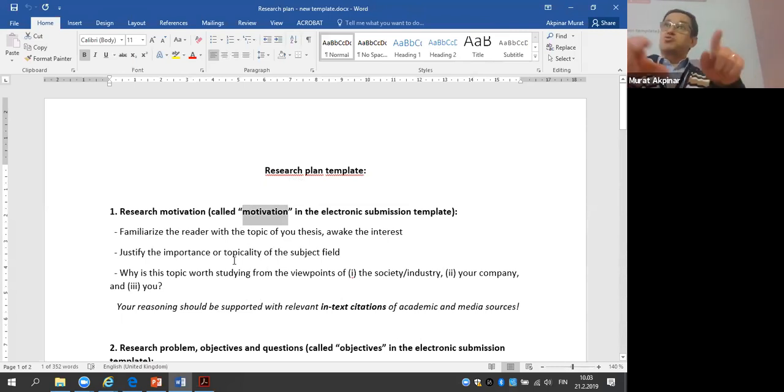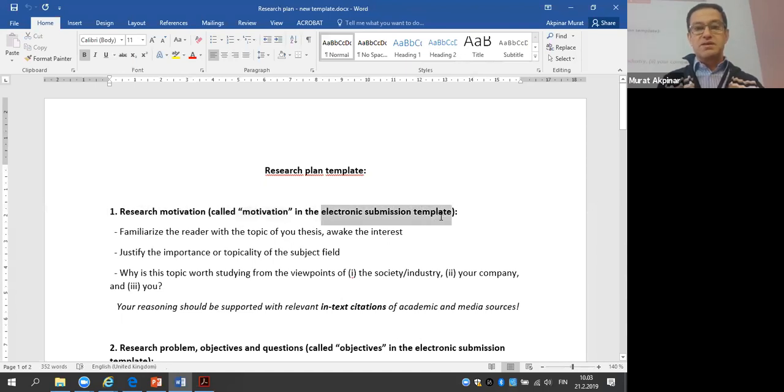So once we do it in the Word document, all you need to do is copy paste from the Word document to the right places. What we call research motivation is called only motivation in the electronic submission template. Once your motivation is ready, you just copy paste it to the right place in the form.